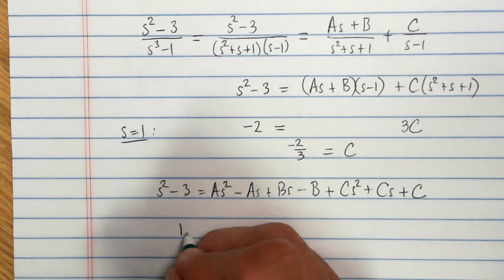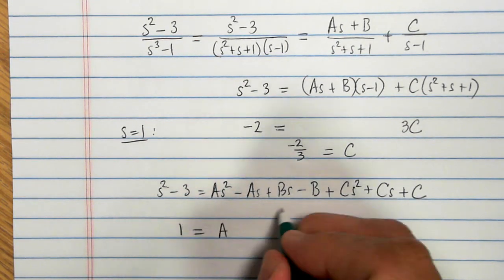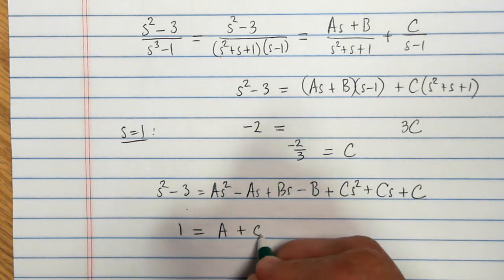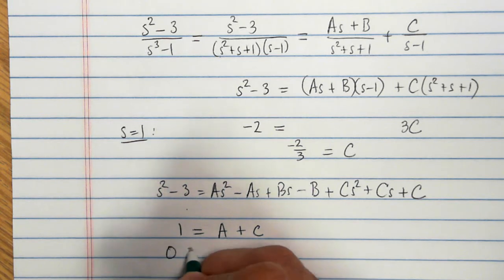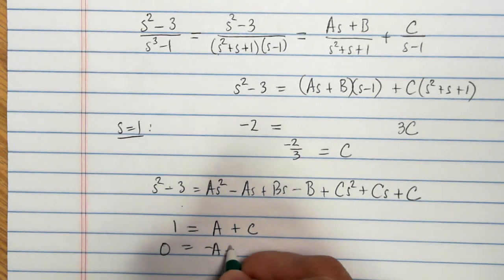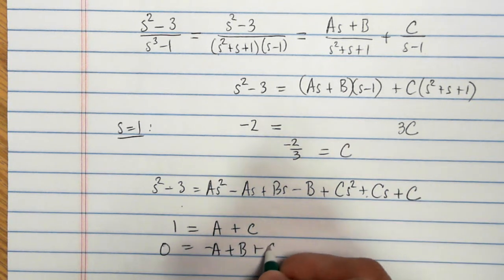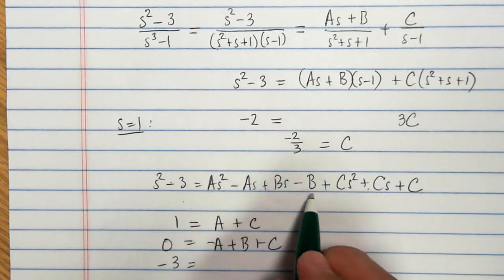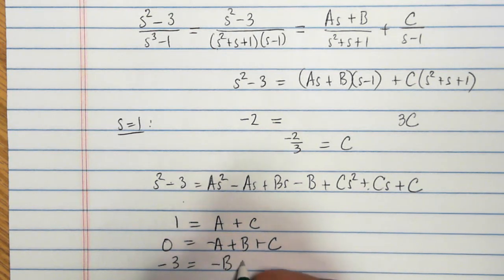Now if I match the coefficients, I get 1 is equal to a plus c over here. I've got 0s over here. And on this side, if I take the s terms, I get negative a plus b plus c. And then the constant terms, I get negative 3 over here, equal to negative b plus c.